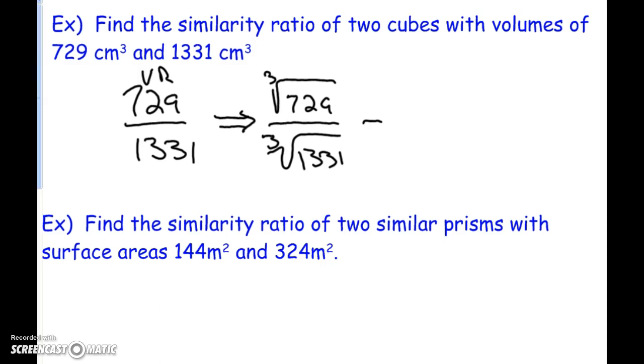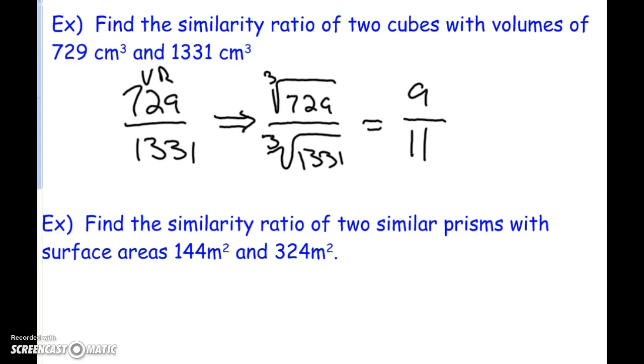You want to keep your answers as fractions. The cube root is found on your calculator by hitting the math button, and then it is number 4. The cube root of 729 is 9, and the cube root of 1331 is 11.